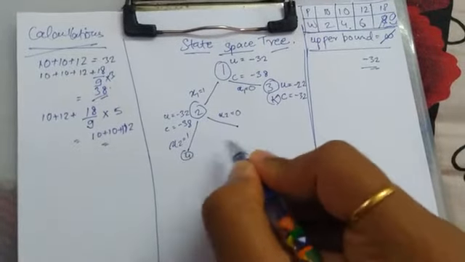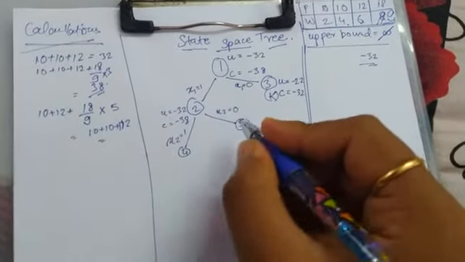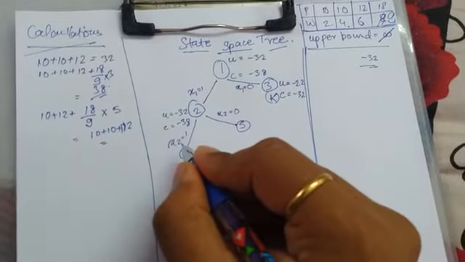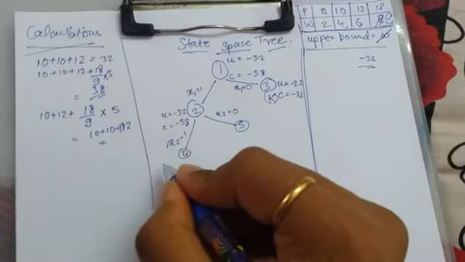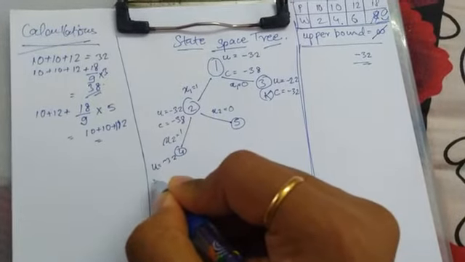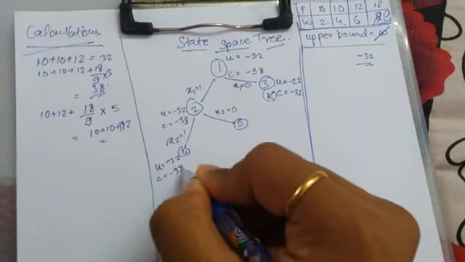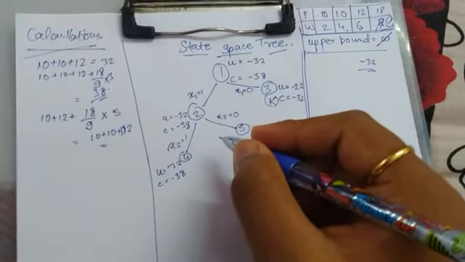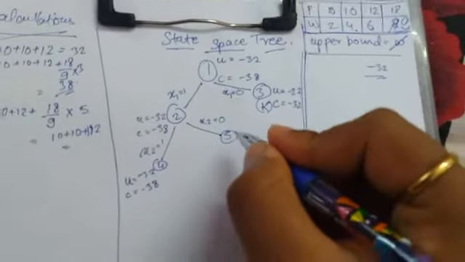Let's give it as 4, this one as 5. If we include x2, we'll get the same result again because we have already included that, right? Then if we do not include the x2, I think we'll get something different.